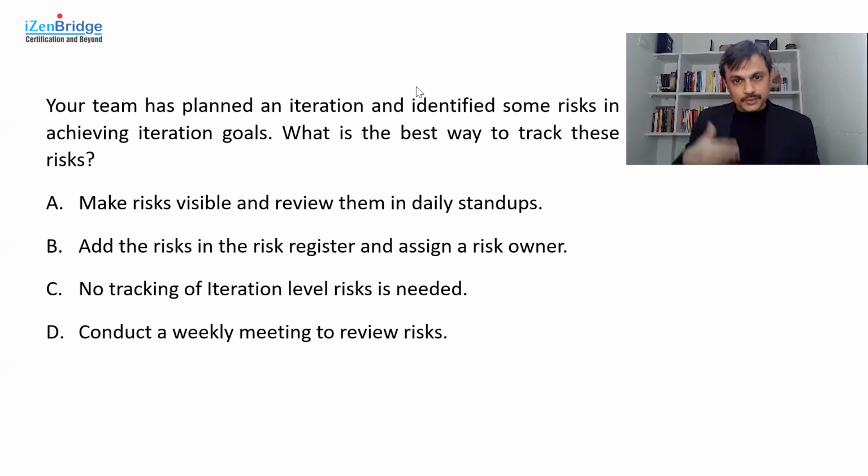It's possible that through a retrospective meeting you see a trend and realize that we need a separate risk meeting, then you can do that, but it should be avoided till you have a real need for it. Also, if the iteration duration is 2 weeks, the question is not talking about iteration duration though, reviewing the risk only 2 times maximum will not produce the desired impact, because if things go wrong, they can go wrong at any point in time. So for my side, option A is the right option.